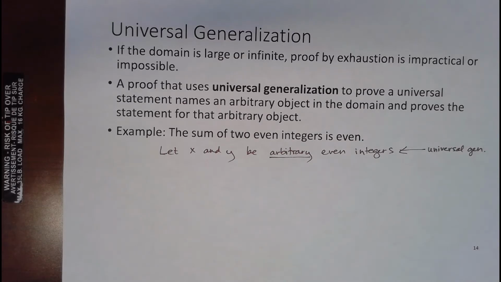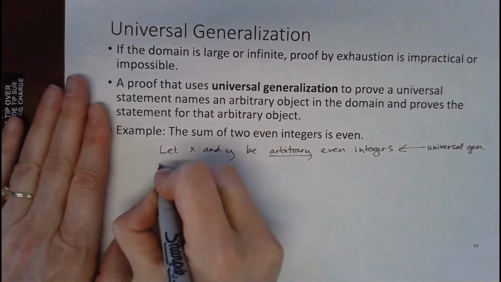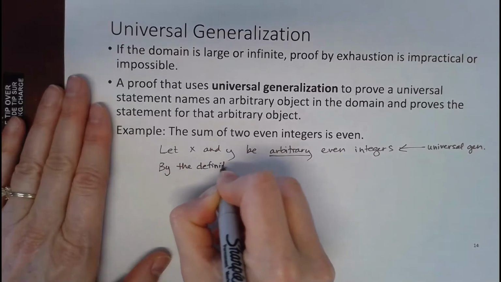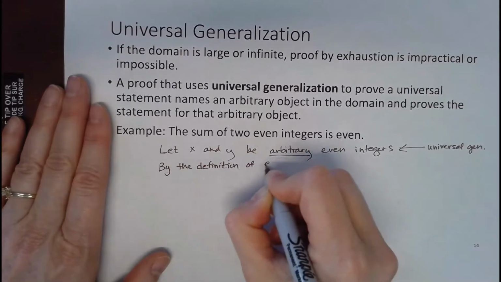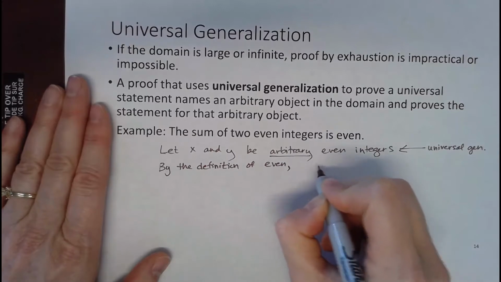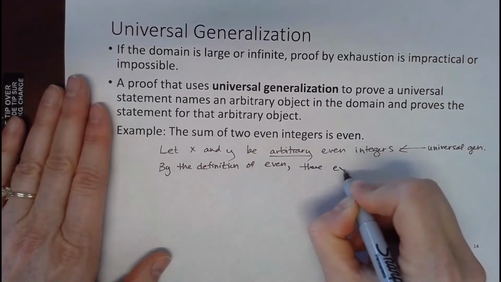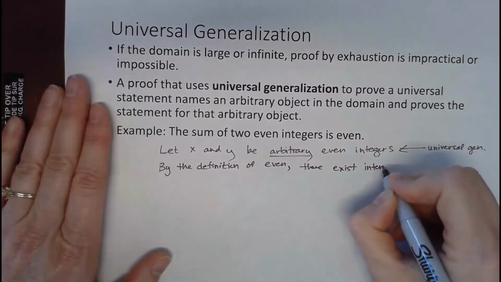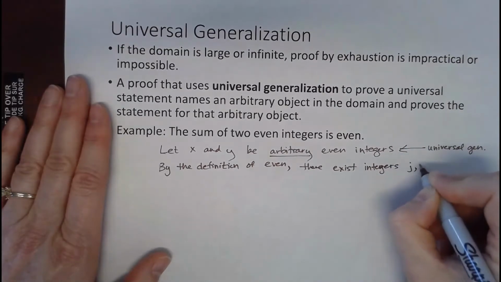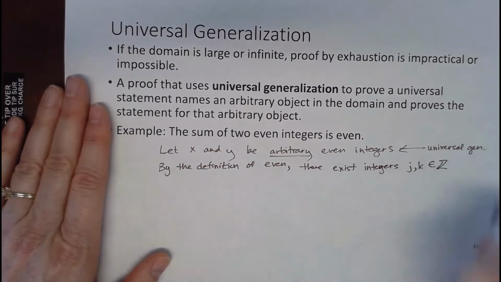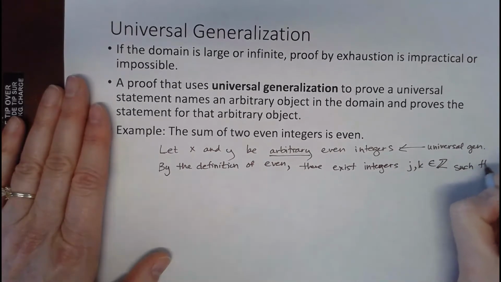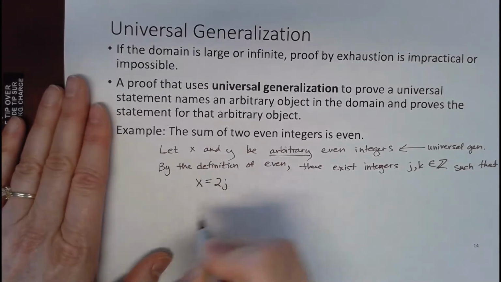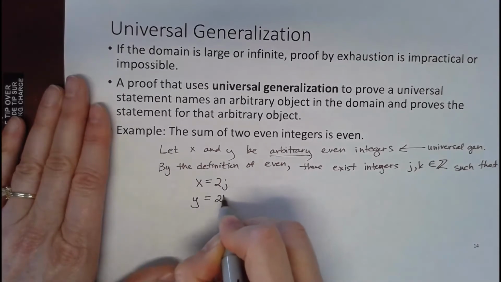Okay. Well, we would say something like, by the definition of even, there exist integers j and k such that x equals 2 times j and y equals 2 times k.